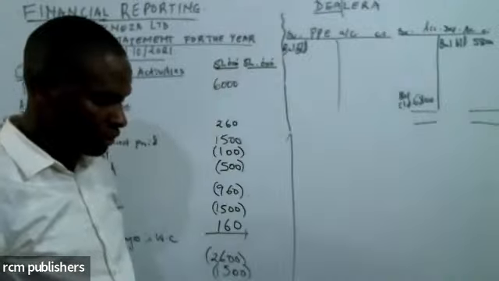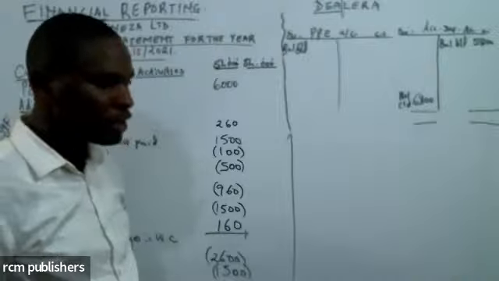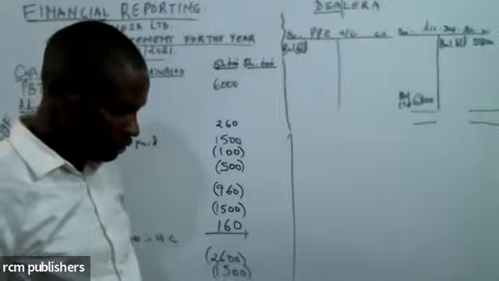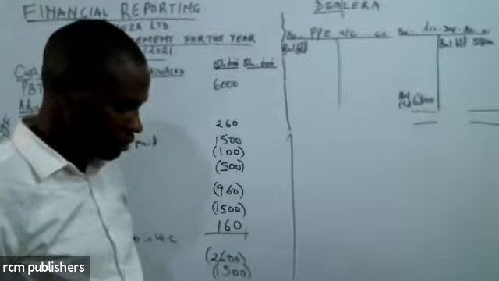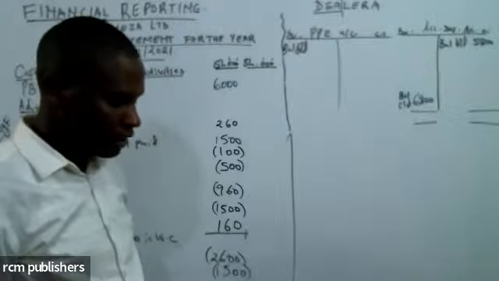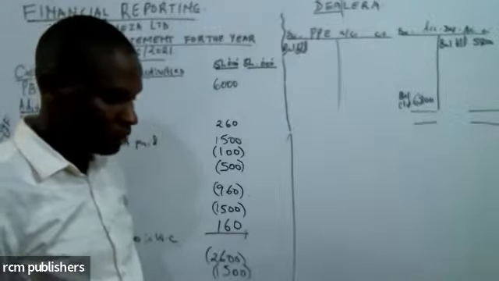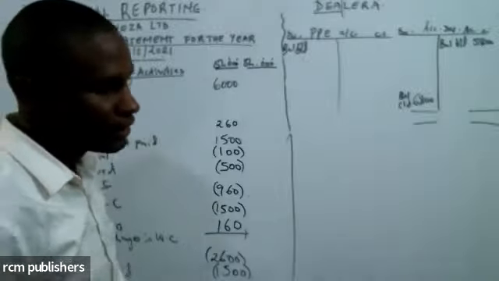Remember, we are looking at additional information number 3. What is the balance at cost? Of course, let's use the cost side. I'll show you when to use the net book value. It is 11,900.